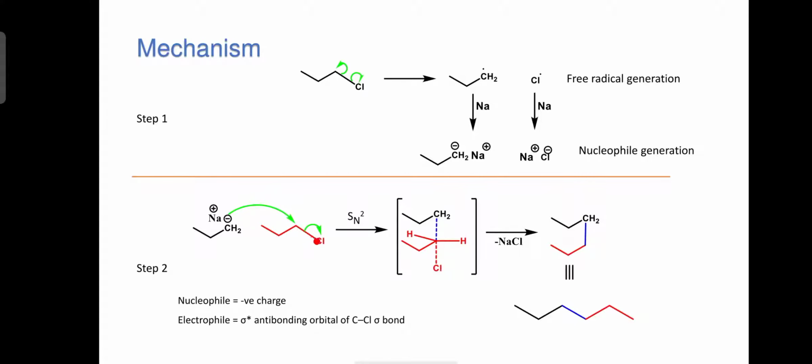If a sigma bond is there, its anti-bonding orbital must be there, which is always empty. If any bond is present in the chemical structure, its anti-bonding orbitals are always present along with the bonding orbitals, and these anti-bonding orbitals are always empty.